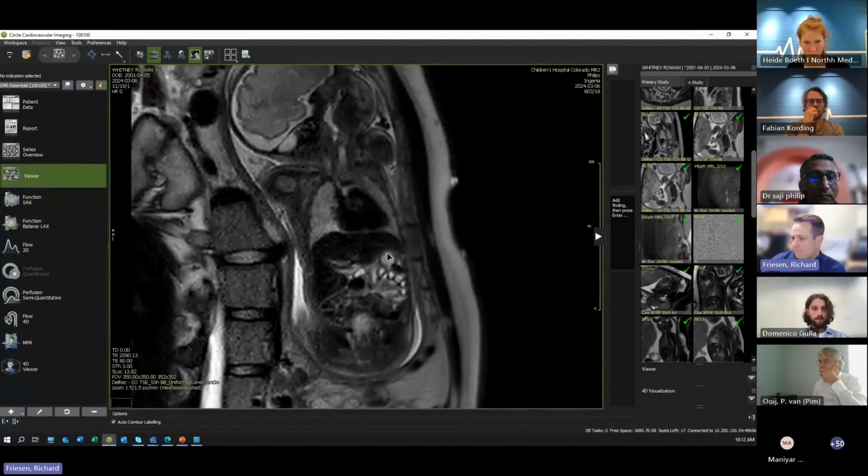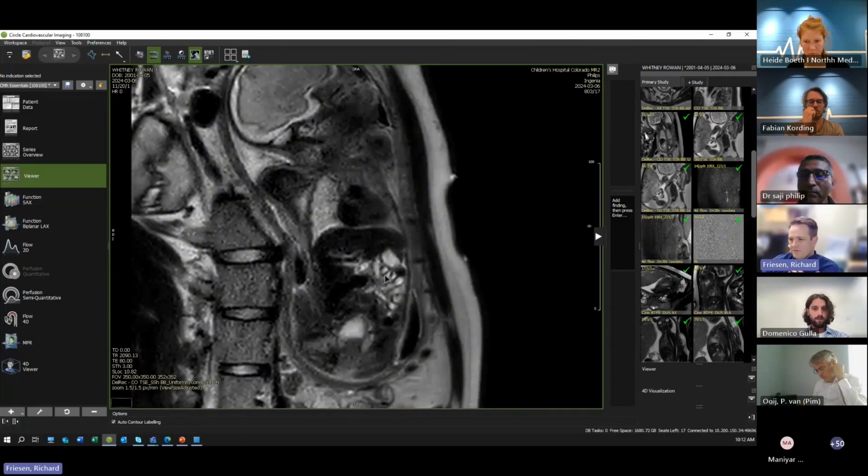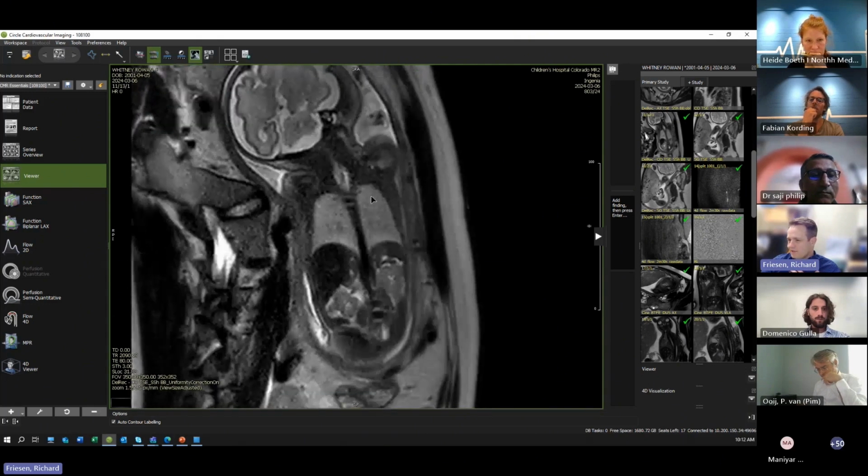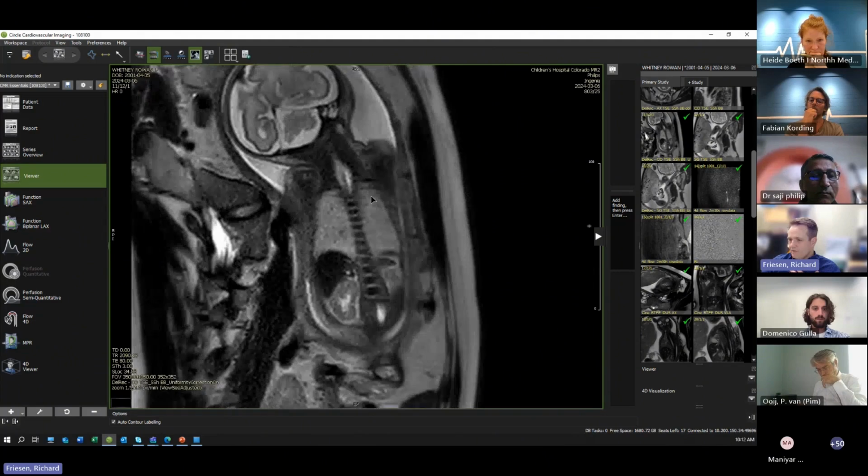I am not a fetal radiologist other than the cardiac part, so I rely on Lorna Brown and colleagues for more interpretation of the lymphangiectasia. But when we look at this coronal black blood sequence, we see this hyperintensity more on the right lung than the left, and the left lung actually was felt to be relatively normal.